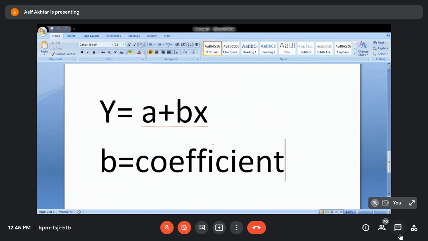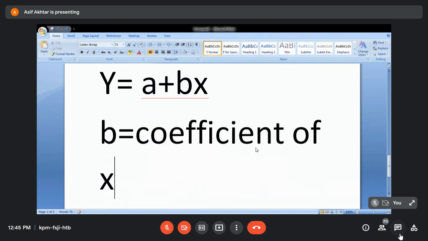B is known as the coefficient of x. If you have to tell someone what b is, you should tell them it is the coefficient of x. And all the things after this, if you delete this bx, all the remaining thing is considered to be constant. That is a, for example, a is equal to, that is the constant.